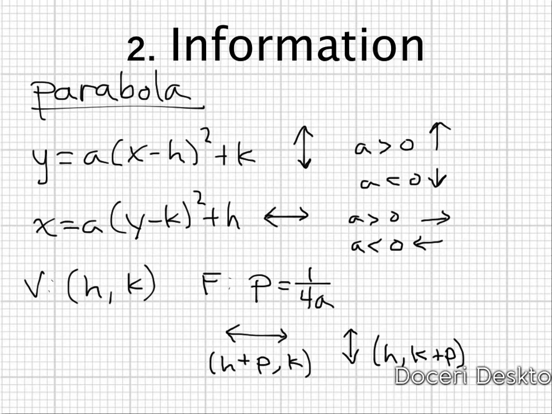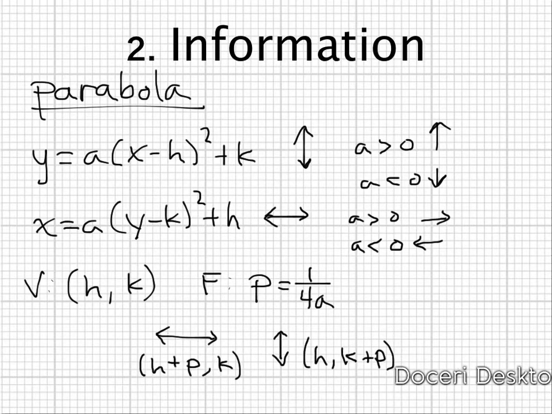So that's how you find the focus for a parabola going left to right or up and down. Now the last value is the equation for your directrix. Your directrix is the imaginary line that affects the parabola.